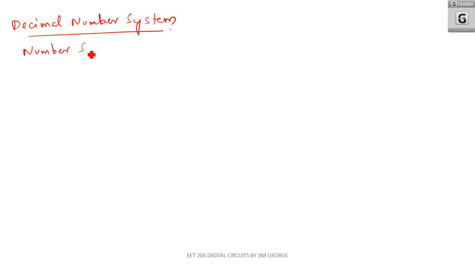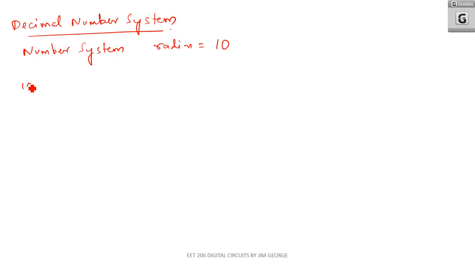Now let me explain about decimal number system. The type of number system in which radix equal to 10 is known as decimal number system.